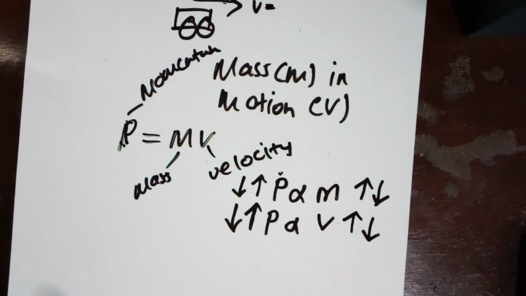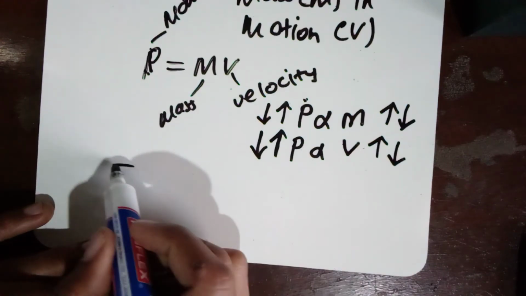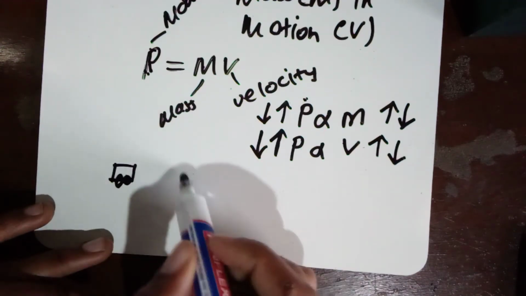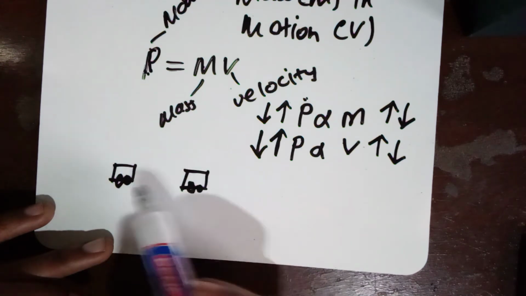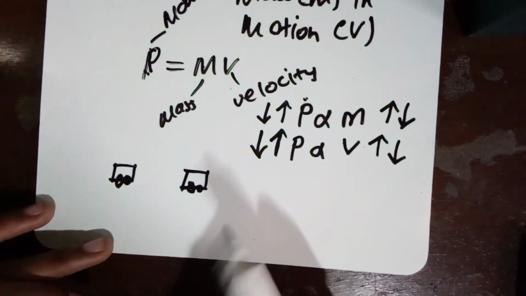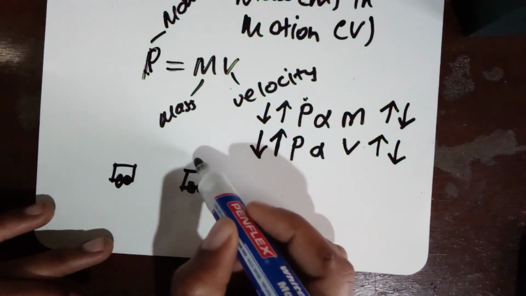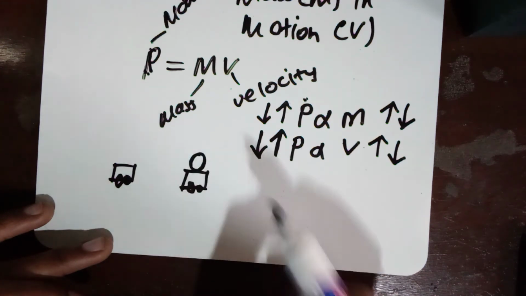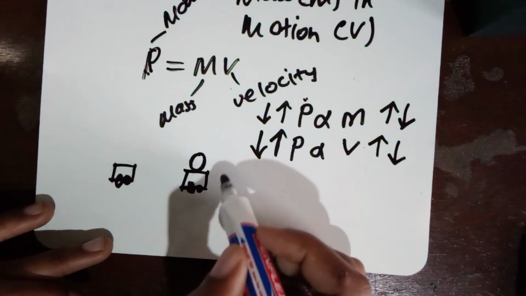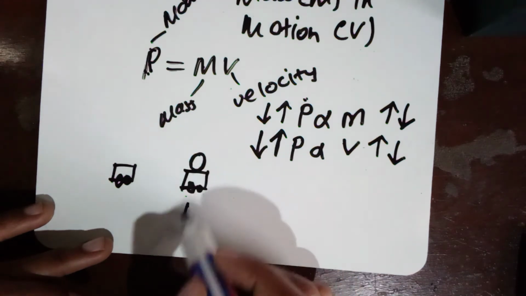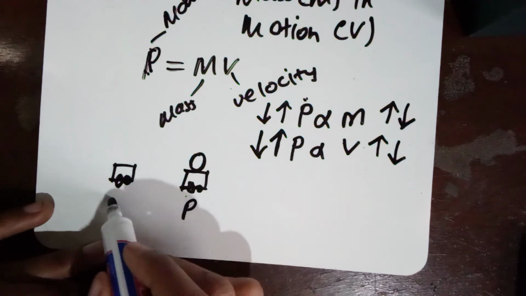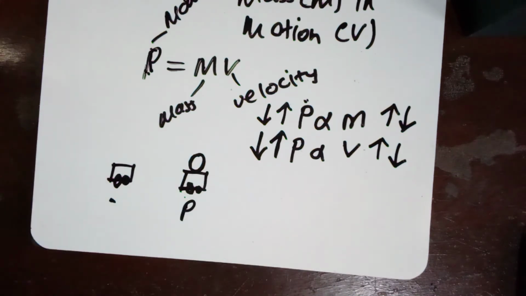So if we compare two similar cars, and we decide to put a block of mass on one car, this car now has a larger mass. This means that its momentum will be much bigger than the momentum of the other car.